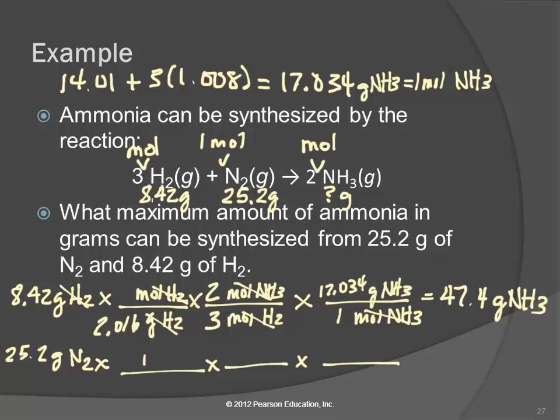Grams of nitrogen to moles of nitrogen, moles of ammonia, grams of ammonia. Divide by the previous unit, because we want all those other units to cancel out. And yeah, it seems like kind of a long process, but there's really no shorter good way to do this.